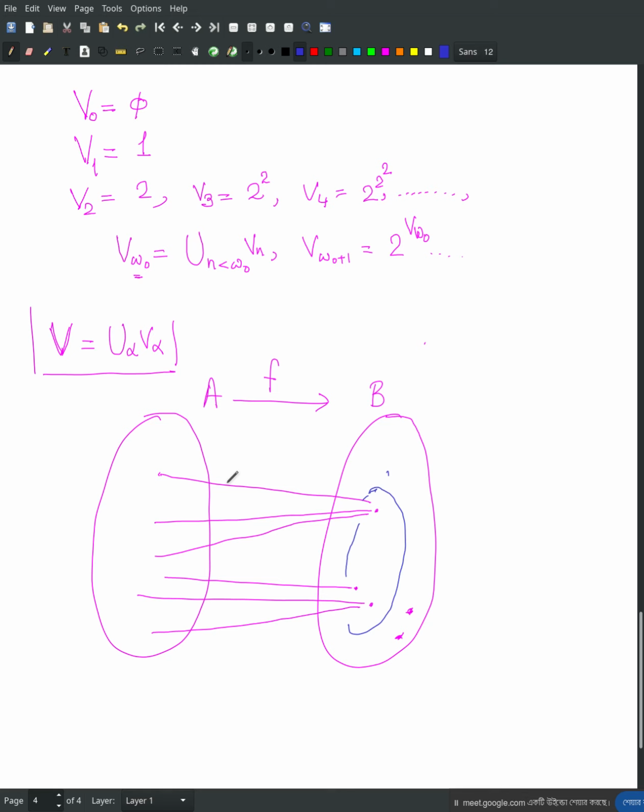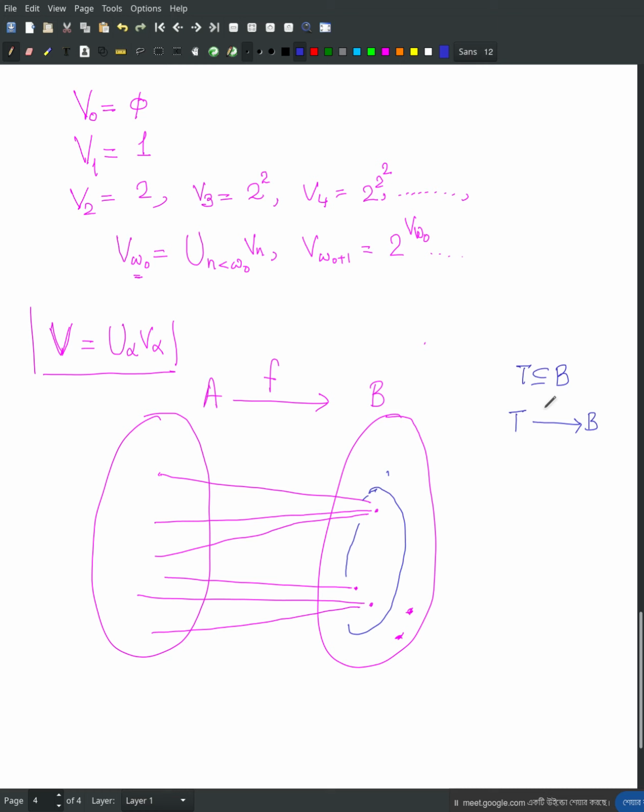The moment you change one of them, the function changes. So the rule might be the same, you just change the codomain, so the new function that I have drawn with this blue is a surjective function. And if you take any subset T of B, there is automatically a function from here to B. How?